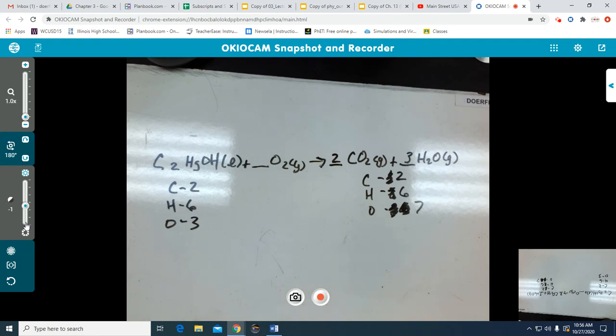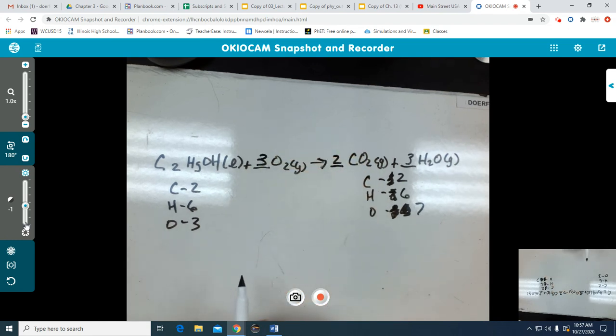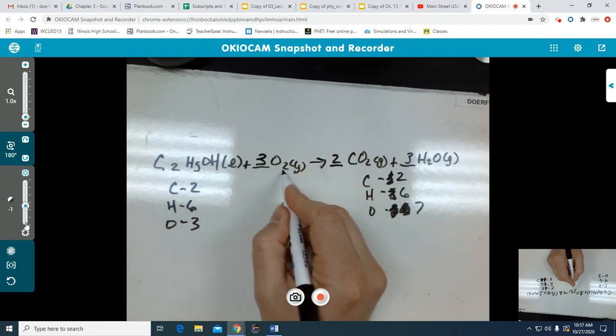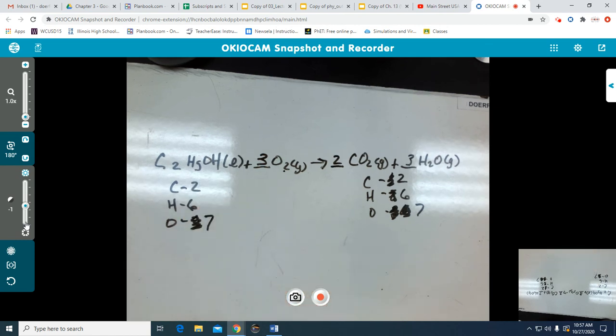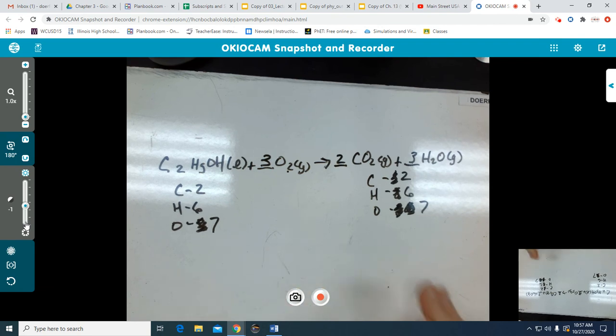So we're not quite done yet. Carbons are good, hydrogens are good. Now we have to figure out oxygens. If we add a coefficient of 3 here, that gives us 6 plus 1. And looky there, ta-da! We are all even on both sides.